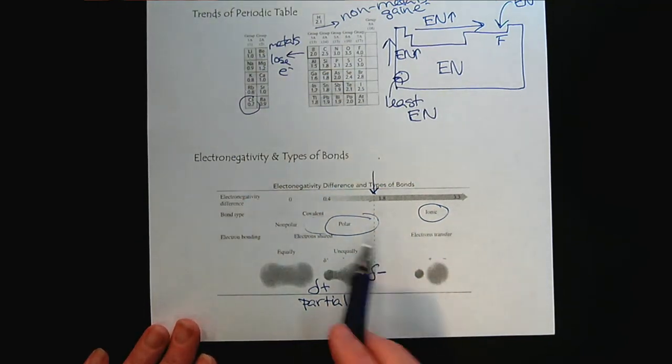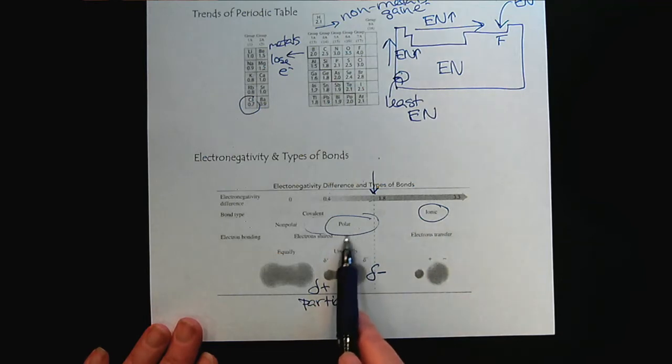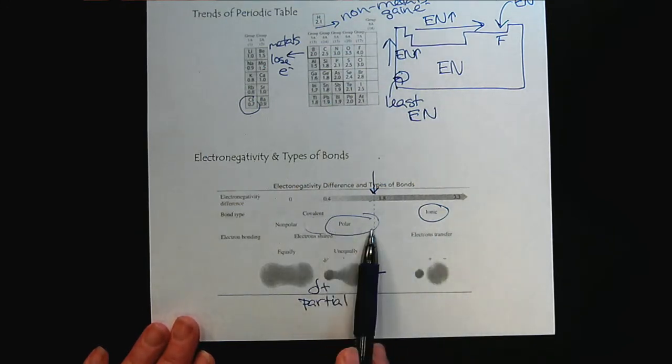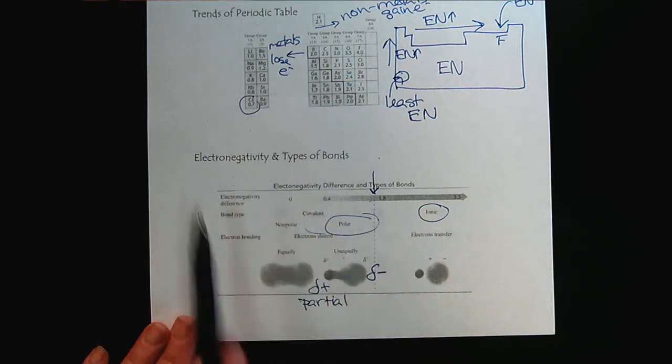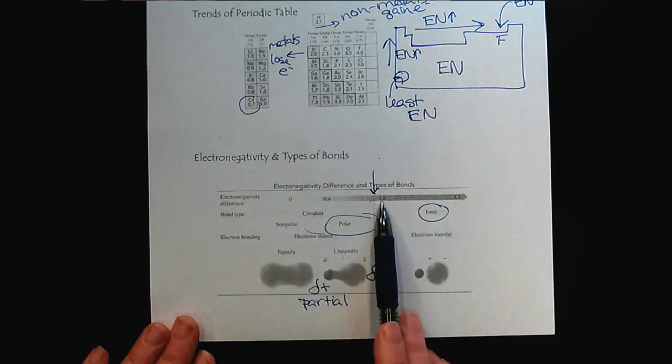This is where we want to focus our attention in this tutorial, where we have a difference in electronegativity in this middle range, greater than 0.4 if we use the numerical values, and less than 1.8.